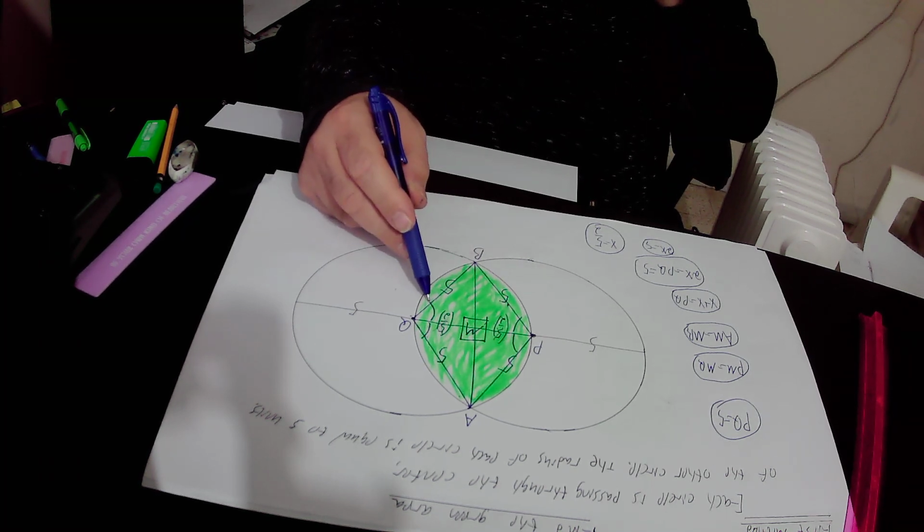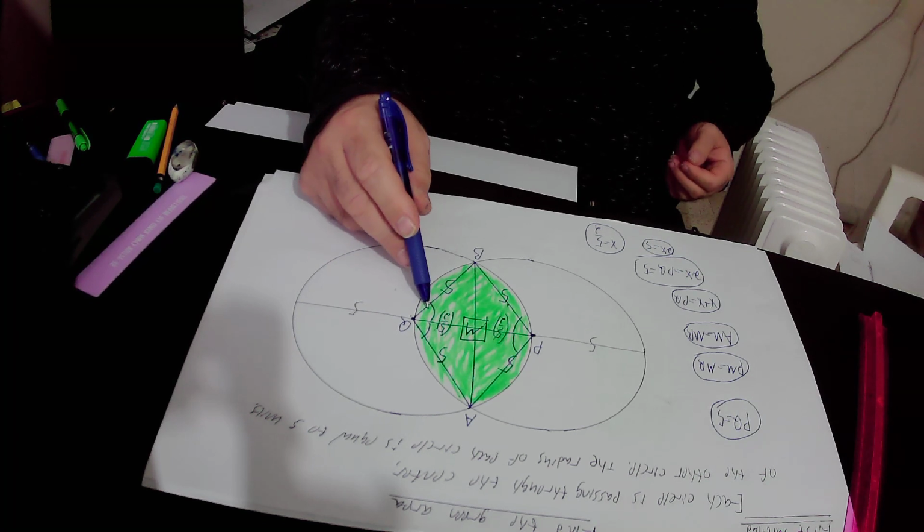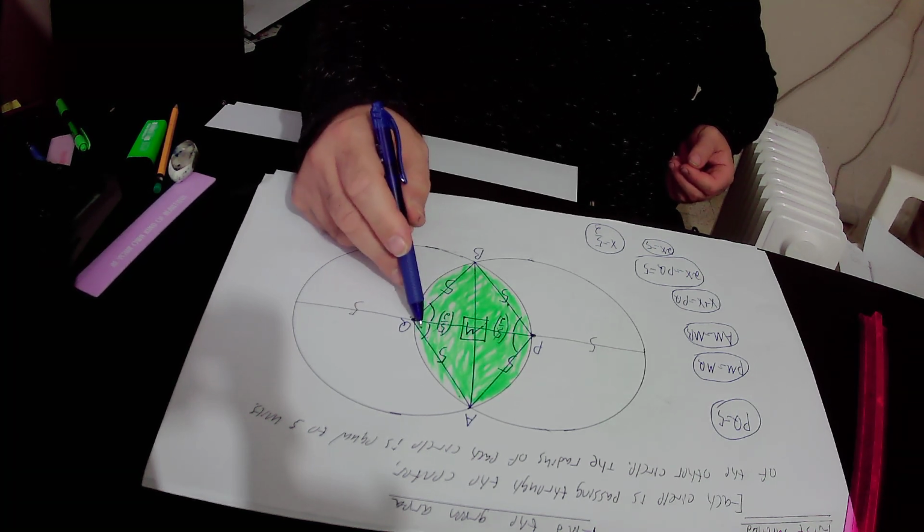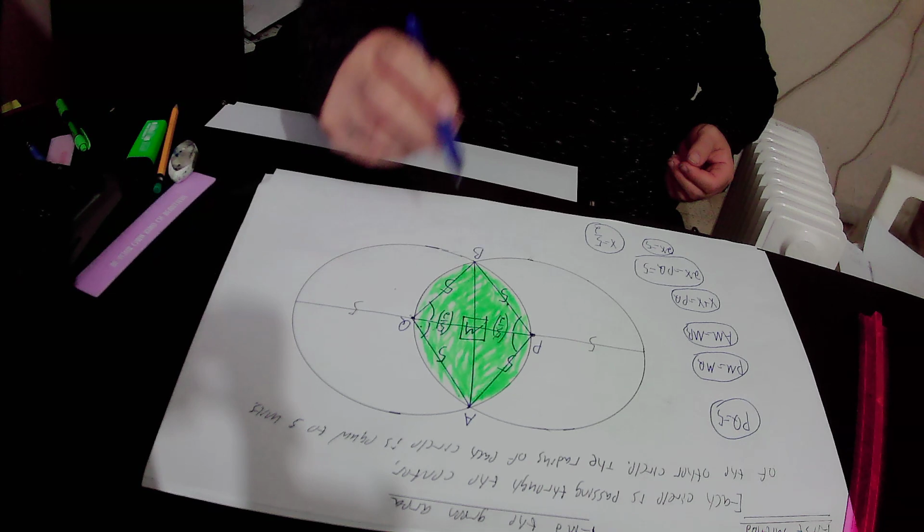The cosine of this angle will be equal to 5 over 2 over 5, and the cosine of this angle in the right triangle AMQ will also be equal to 5 over 2 over 5.